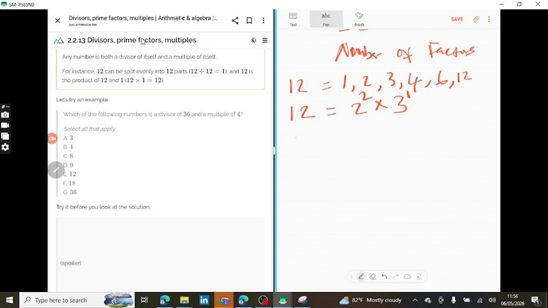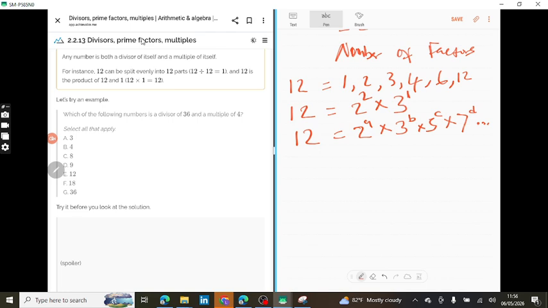Let's say we rewrite this as 12 equals 2 raised to the power a times 3 raised to the power b times 5 raised to the power c times the next prime number, 7 raised to the power d, down to infinity.